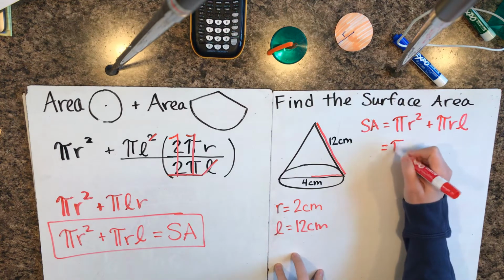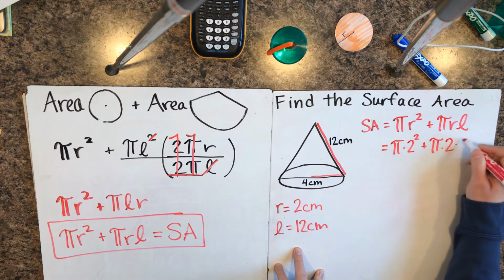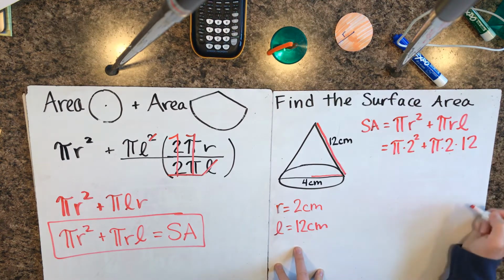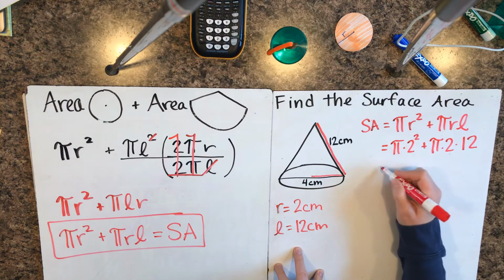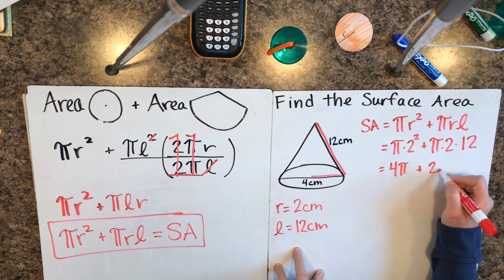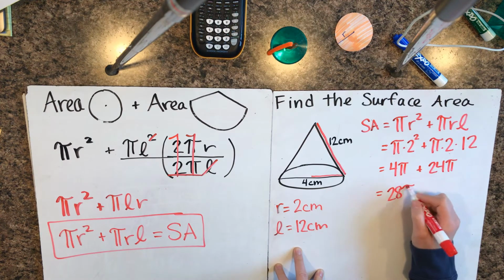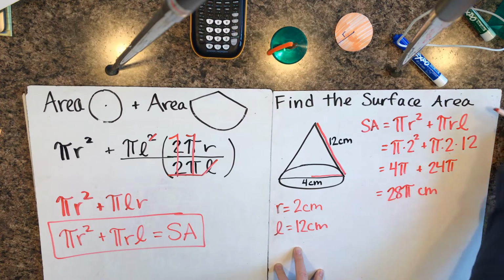So surface area is pi times the radius squared plus pi times the radius times the slant height, okay? If I simplify that part, it's 4 pi, and this is going to be 24 pi. I add those together and I get 28 pi centimeters. Now it's area.